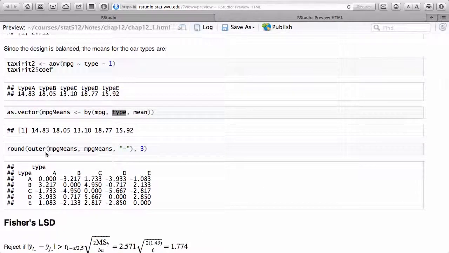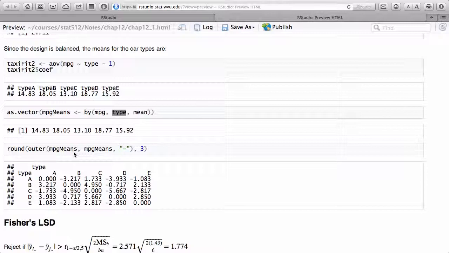Now, I have an outer product. I'm getting the outer product of means, which forms a matrix. The outer product of a vector with a vector will be a matrix. So if I take the outer product of a vector of length 5 with itself, I get a 5 by 5 matrix. But what's in the elements of that matrix? Well, that depends on that operator, which in this case is minus.